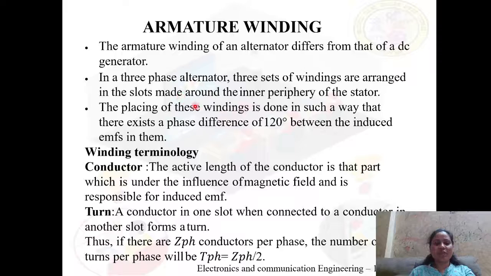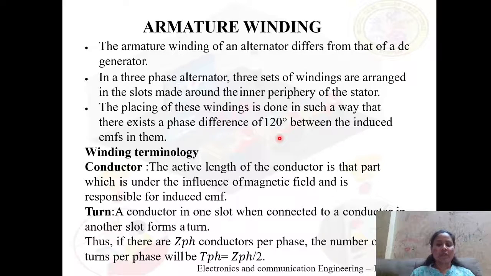For the three-phase synchronous generator, there are 3 sets of windings, which may be arranged either in a star or in the delta form, and these windings are arranged in slots which are made around the inner periphery of the stator part. So the armature windings will be placed in the stator. There are 3 sets of windings, and these windings will be placed in such a way that there should exist a phase difference of 120 degrees.